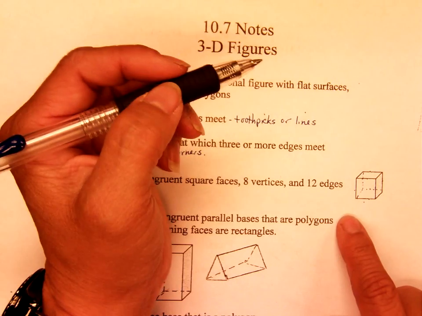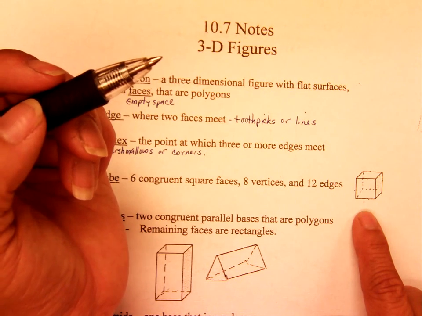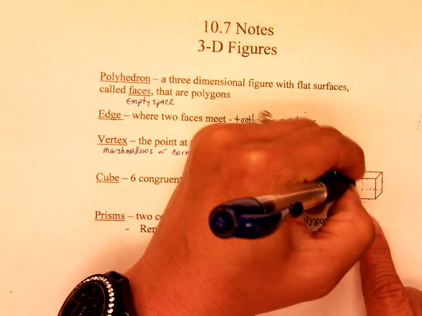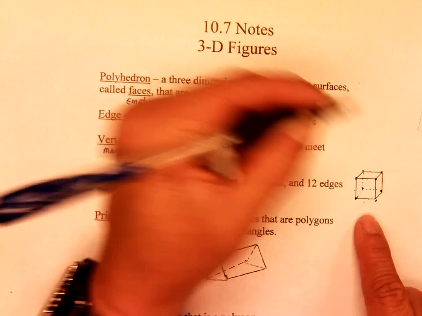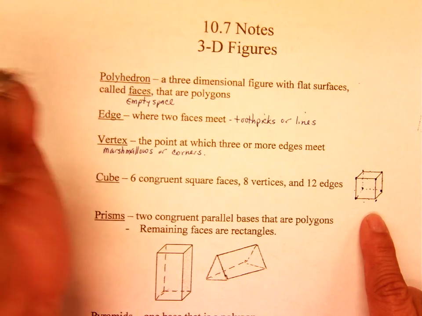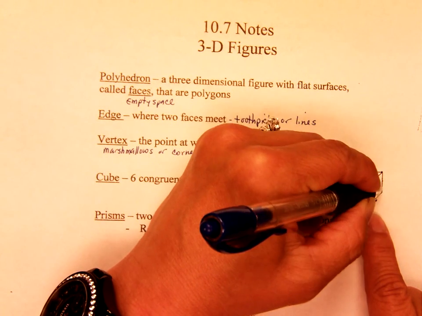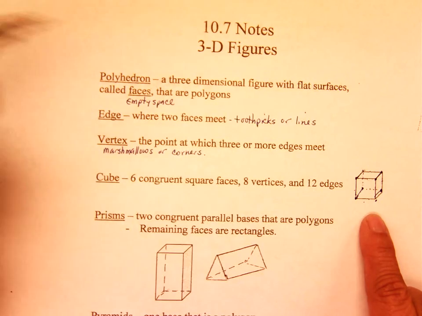So it'll be 8 vertices because I already counted them all. And then 12 edges. Oh, vertices are your marshmallows. So it'll be 1, 2, 3, 4, 5, 6, 7, 8. Okay, those are your corners, and then your edges are your lines. So it'll be 1 through 12.